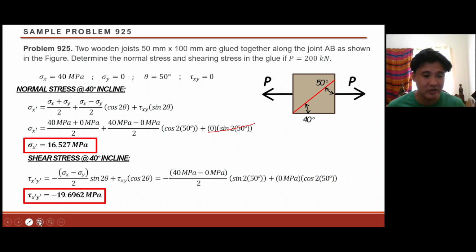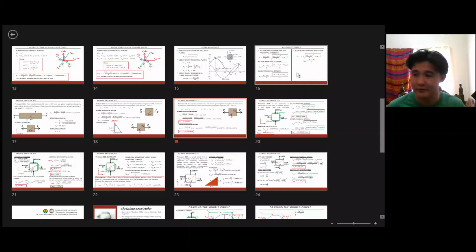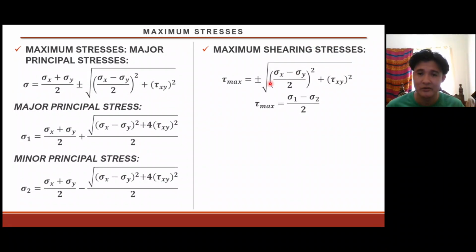By the way, balikan muna natin yung equation ng maximum shearing stress. Meron kasi tayong dalawang equation for maximum shearing stress, di ba? So kung mapapansin natin, yung maximum shearing stress dito sa first part, that is in terms of stress X, tsaka stress Y, tsaka shear XY.